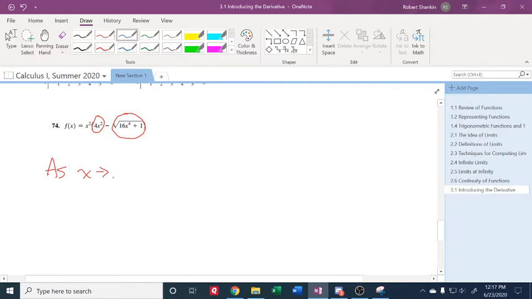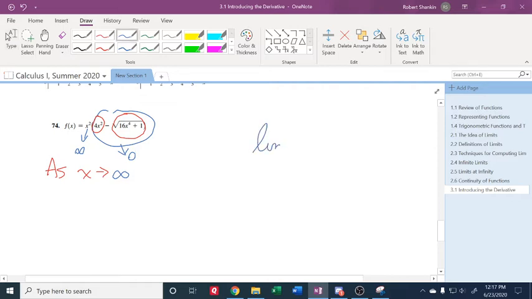As x goes to infinity, this goes to infinity. All of this goes to 0, because those two will be nearly equal to each other. Now, when x is going to infinity, what are these two things doing? If one's going to infinity and the other's going to 0, it all depends on which is going there faster.